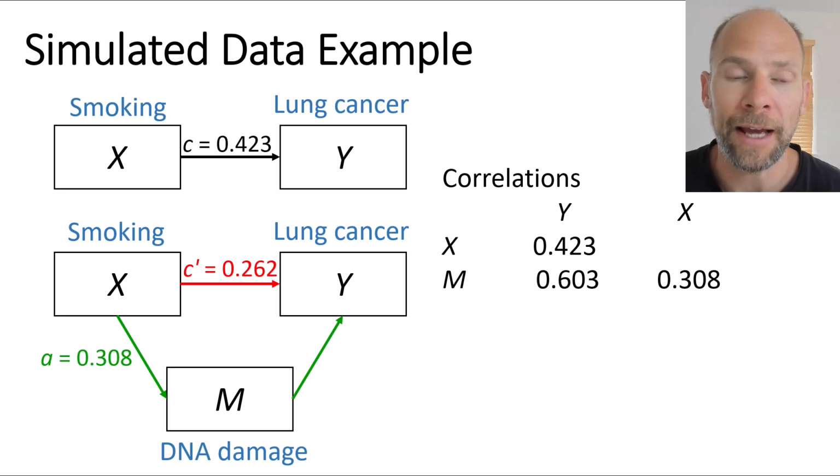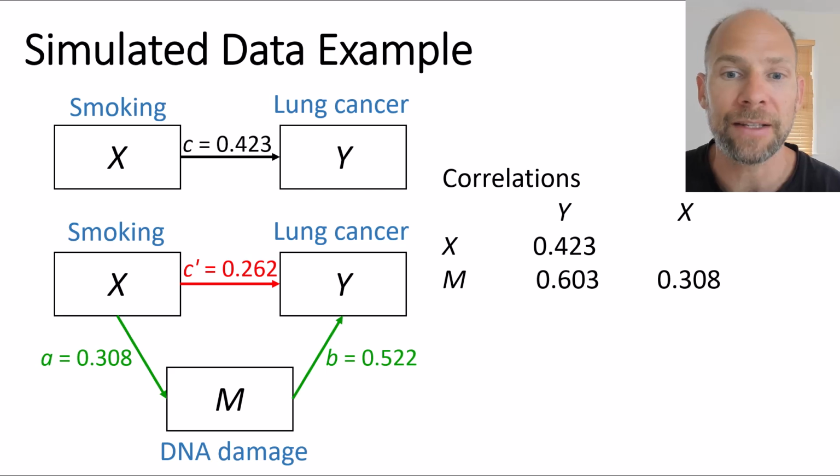So there's only X in the model for M, and therefore the A path is equal to the correlation as well in the standardized solution. And then finally, the B path is estimated to be 0.522, which again is a partial standardized regression coefficient that characterizes the linear relationship between Y and M when X is also in the model.